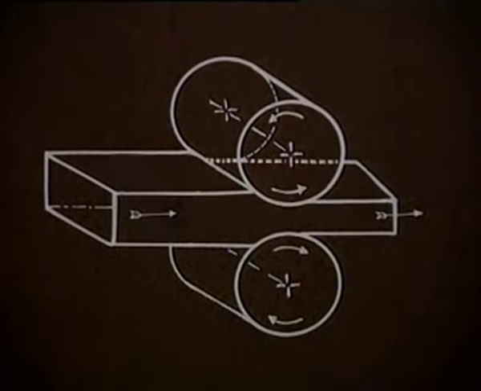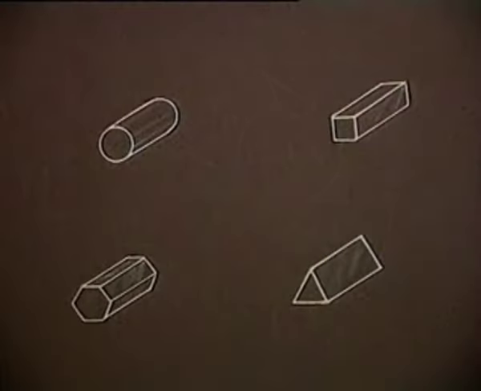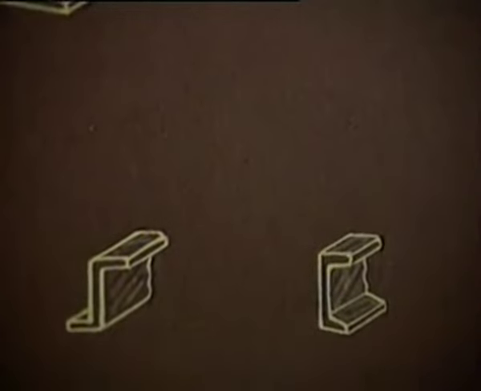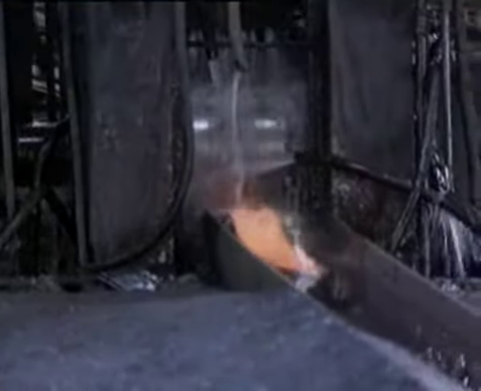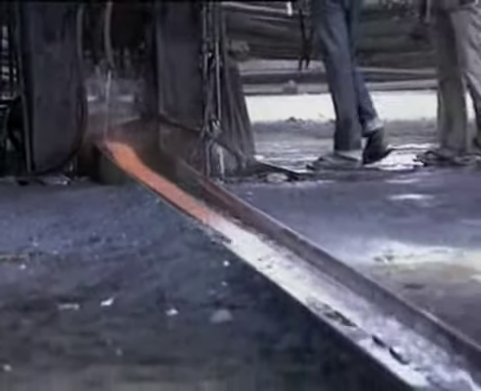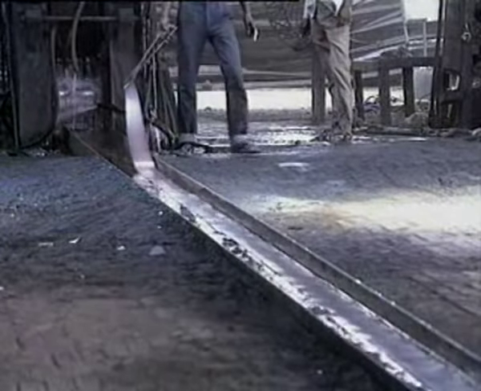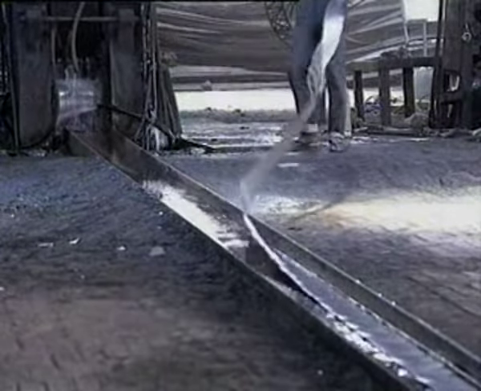By this process, we can produce products like bars of different cross sections, steel for constructional work, flat products like plates and sheets of various thickness can also be produced by this process.